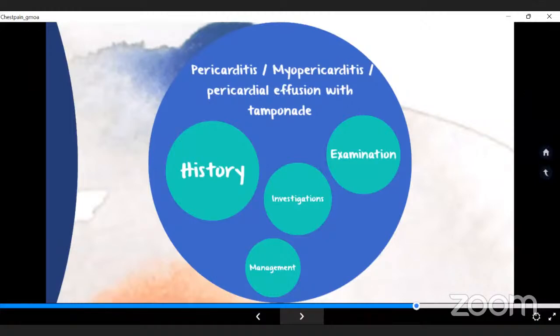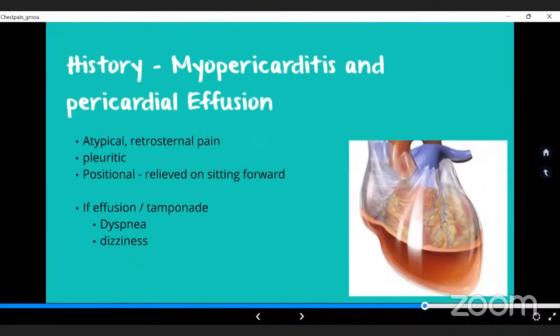They can have a big collection of fluid or blood inside the pericardial cavity, causing compression of the right ventricle so that the heart cannot accommodate adequate volume of blood to be pumped to the pulmonary vessels and eventually to the left side of the heart. So it's an obstructive shock. It's an atypical retrosternal pain, pleuritic and positional. If the patient is having tamponade, you can have some dyspnea and dizziness as well.